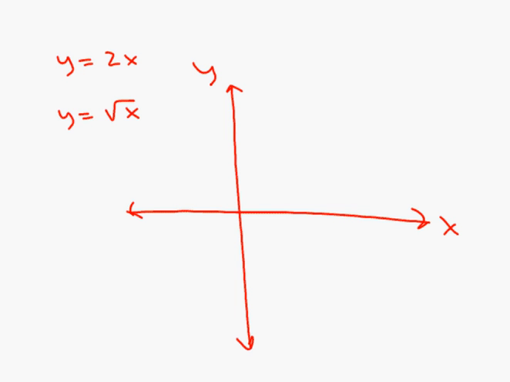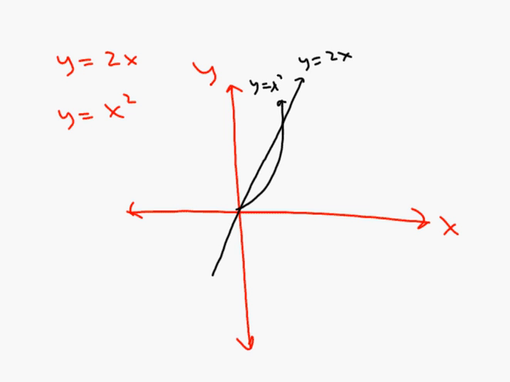And here you go. So here's y equals 2x. And then y equals, I think instead of this, let's do y equals x squared. It'll be a little easier to deal with. It's going to look like this. So you can see they cross somewhere, and then what you have is this little crescent shape.